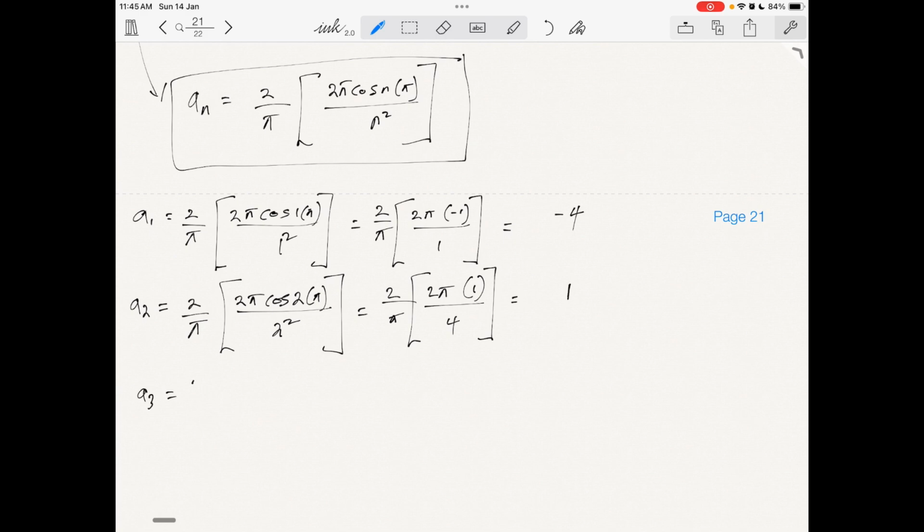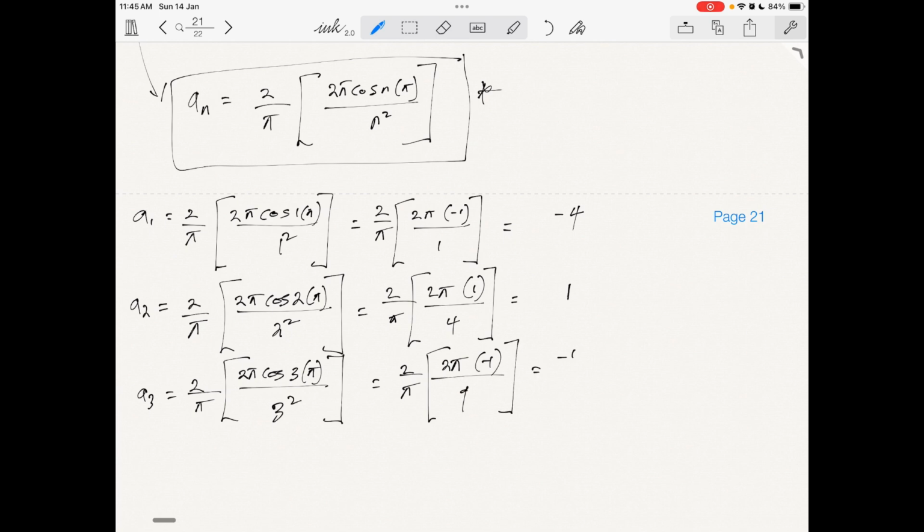a3 is 2 over pi, and wherever we see n we put 3. That's 2 pi cos 3 pi over 3 squared. That gives us 2 over pi times 2 pi, cos 3 pi is minus 1, divided by 9, and this will give us minus 4 over 9.